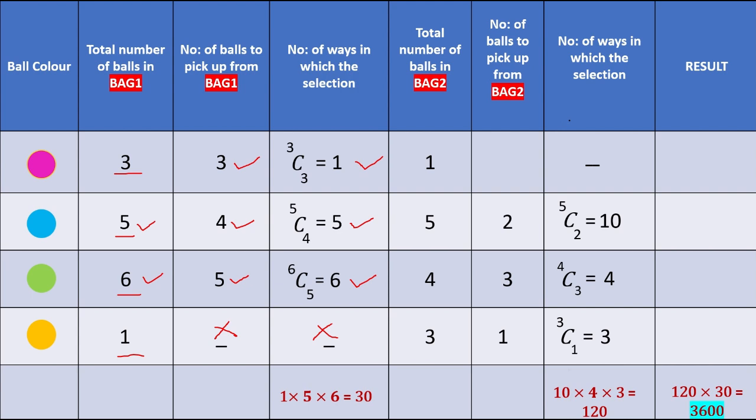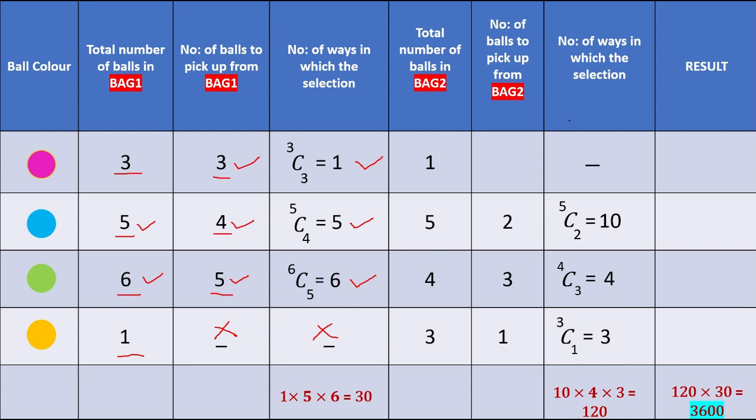The number of ways in which 3 pink balls and 4 blue balls and 5 green balls can be selected is 1 into 5 into 6, that is 30 ways. Okay.